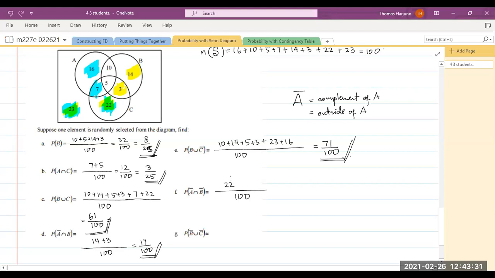That's the one outside of A, outside of B, but in C, plus outside of A, outside of B, outside of C. The one I double colored, basically. Then compute. This is 45 over 100, which means if I reduce by 5, this is 9 over 20.